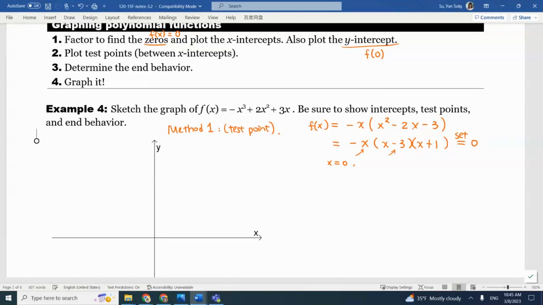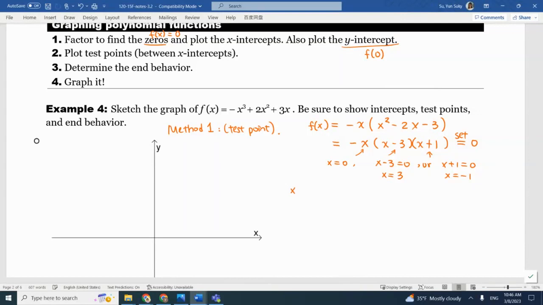X minus 3 is 0, or x plus 1 is 0. Jack, x minus 3 is 0. What is x? 3. How about the next one?